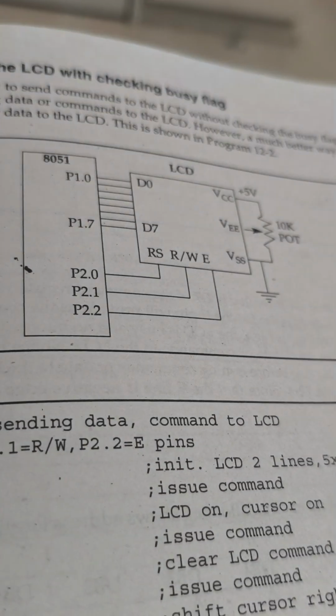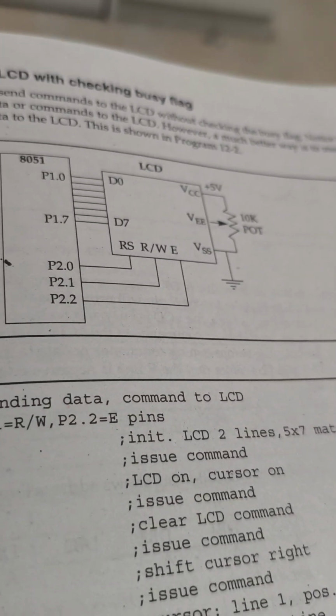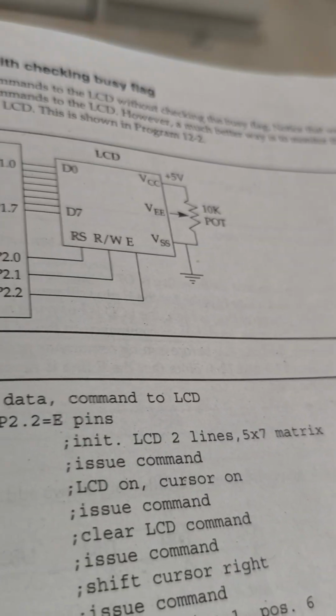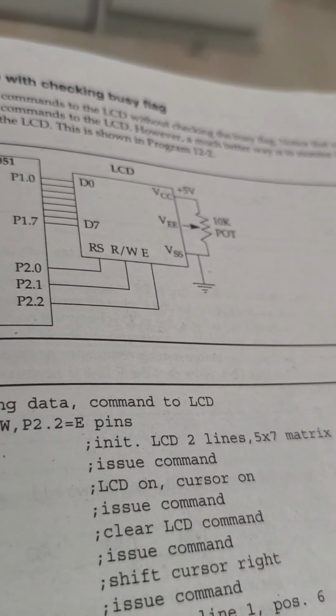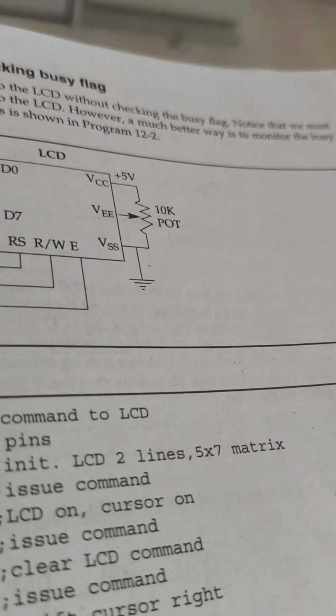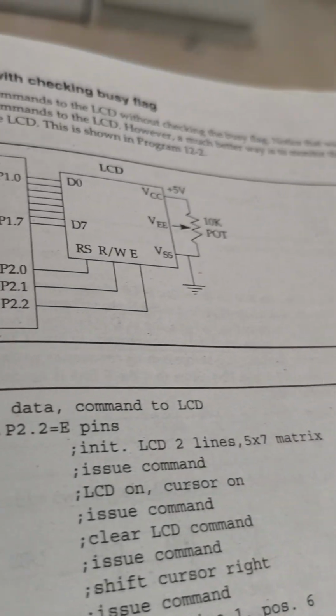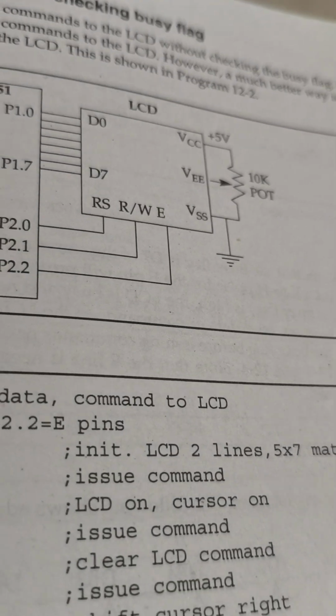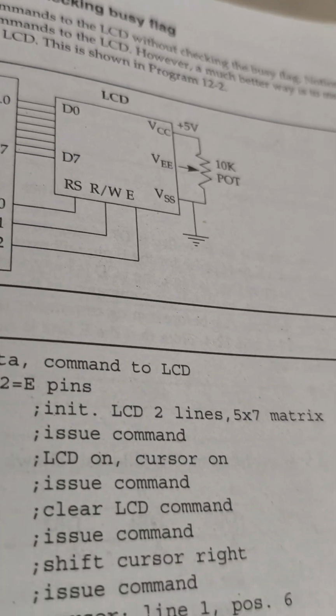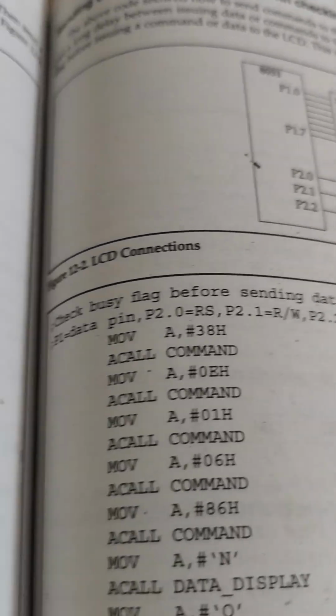When we make RS 1, it will receive the data. And P2.1 we connect to the read/write pin of the LCD. Then P2.2 we give to the enable pin of the LCD. Like VCC, power plus 5 volts, we give to the VCC pin of the LCD. You have to write everything here.